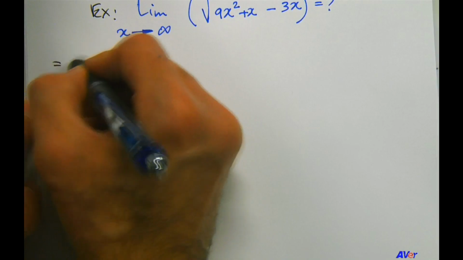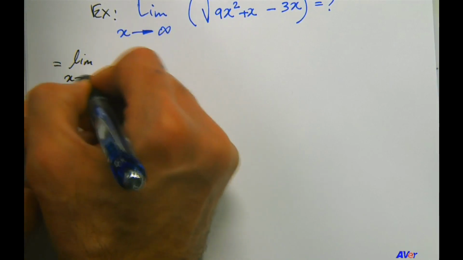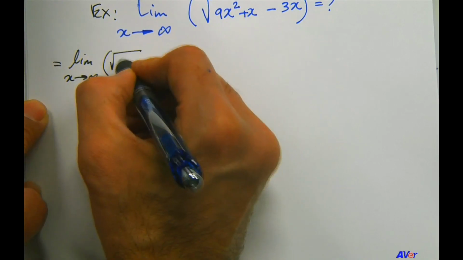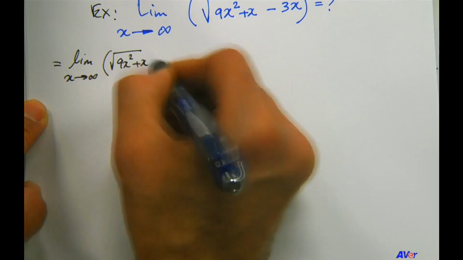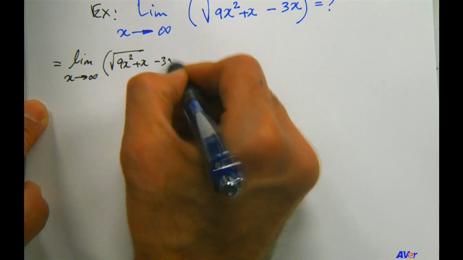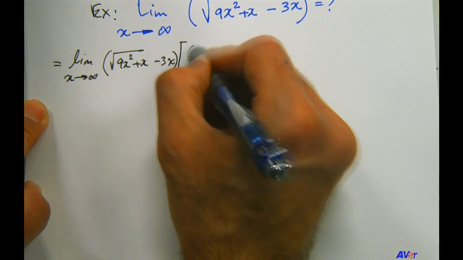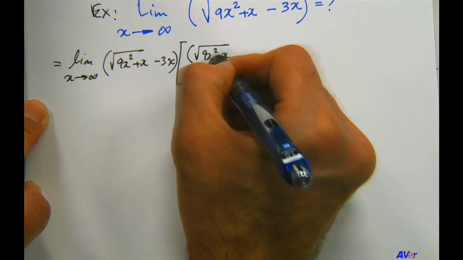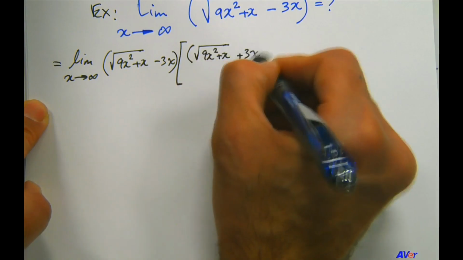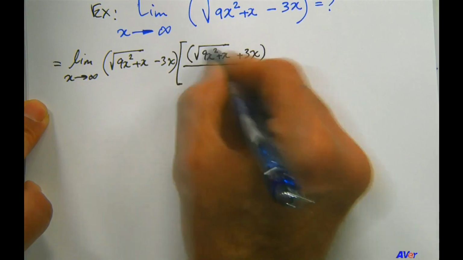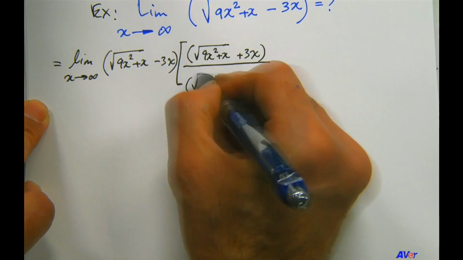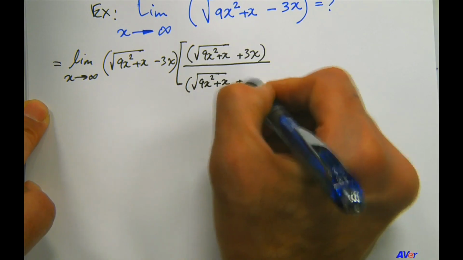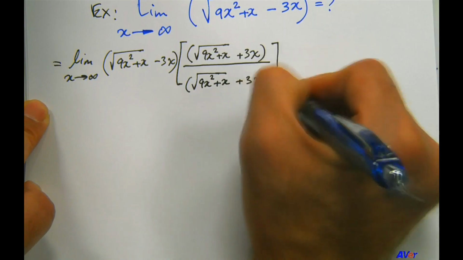So first we take the limit as x approaches infinity of that square root of 9x squared plus x minus 3x times square root of 9x squared plus x plus 3x divided by the same thing, right? Square root of 9x squared plus x plus 3x, close bracket.